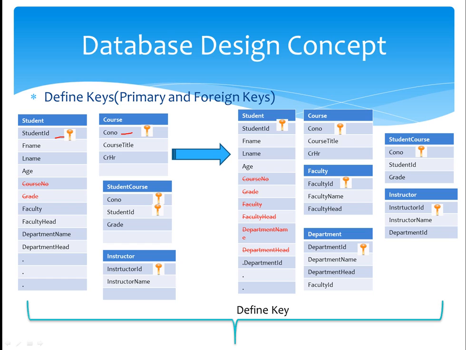In the course table, course number is the primary key. In the student course table, these two can be the primary key. If you have more than one column as primary key, that is called a composite key. And when we come to student, same thing as I mentioned. Course the same thing, faculty is the same thing, and student course, and instructor, and department ID.